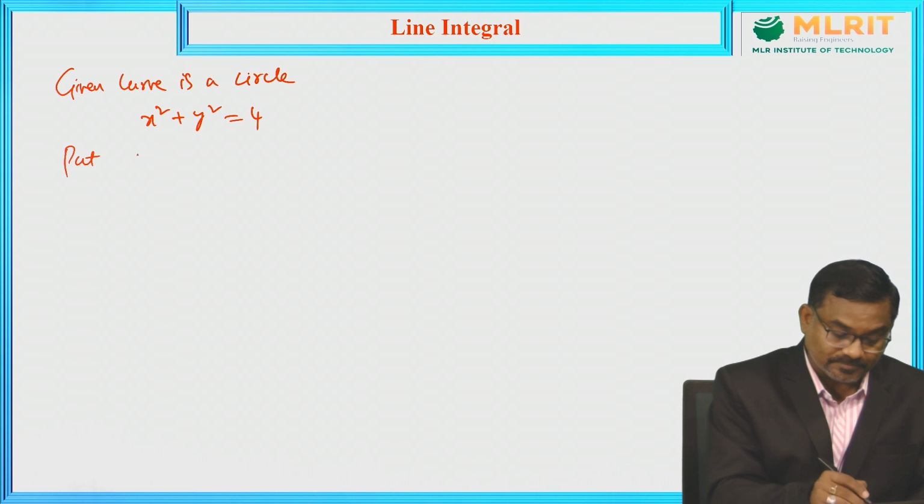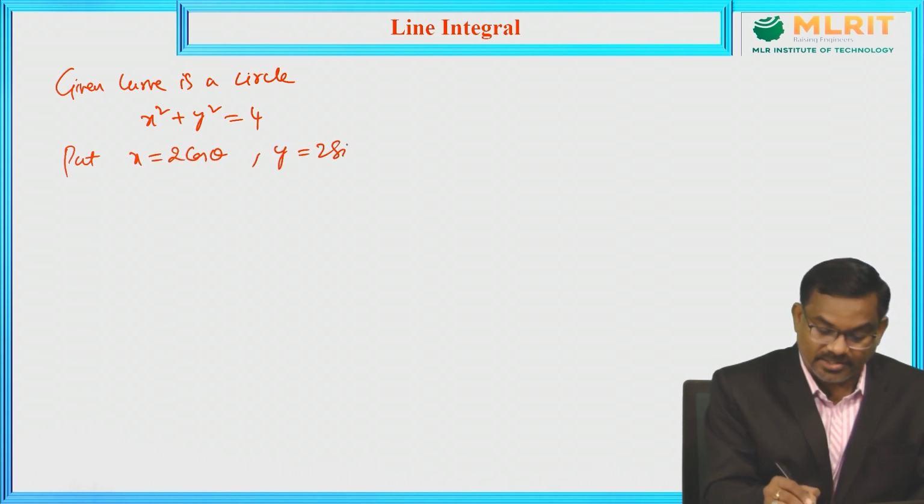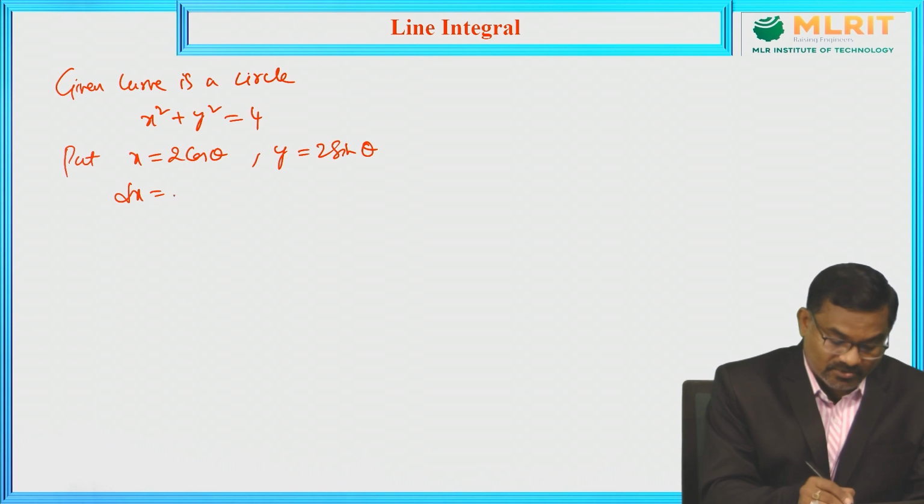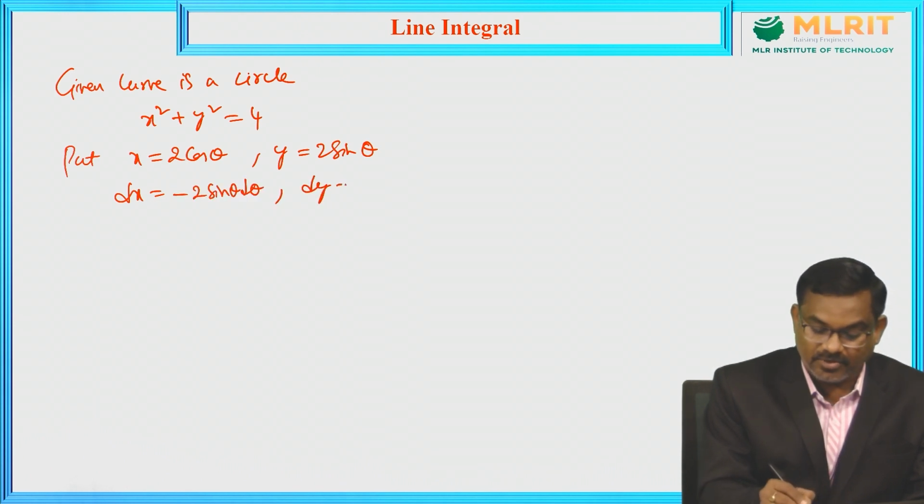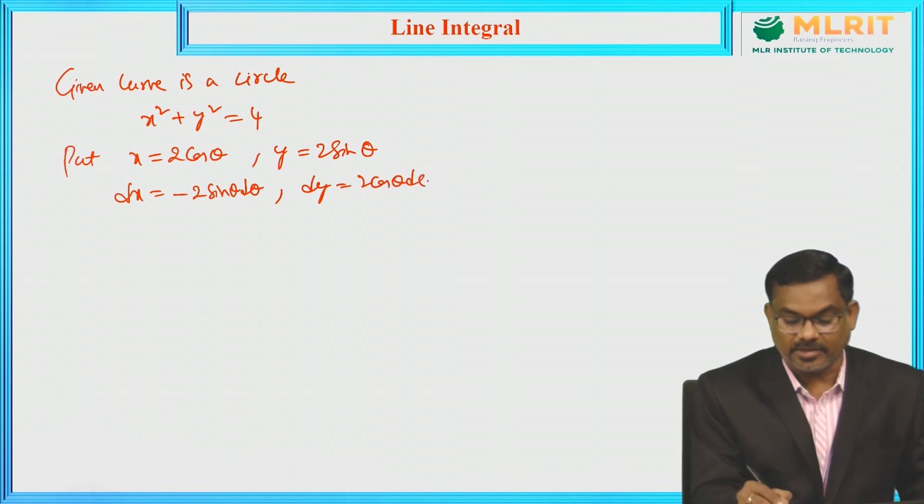put x equal to 2 cos theta, y equal to 2 sin theta. So therefore dx equal to minus 2 sin theta d theta and dy equal to 2 cos theta d theta.